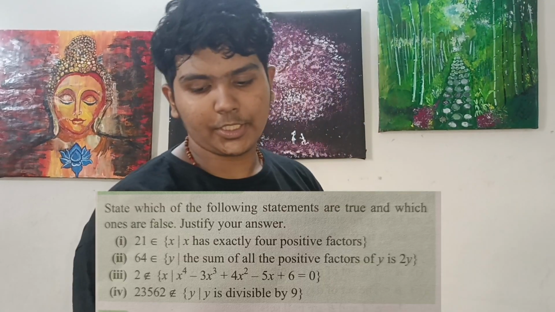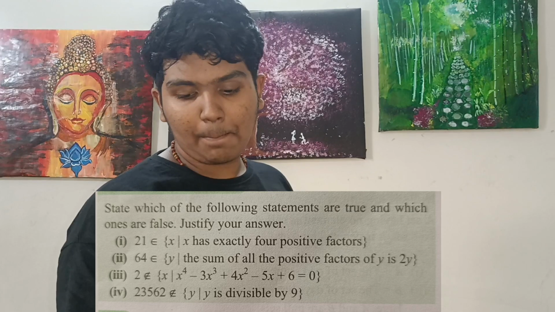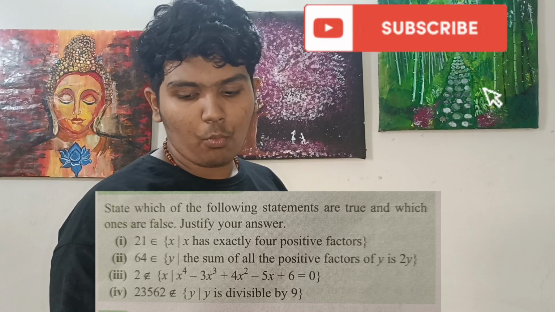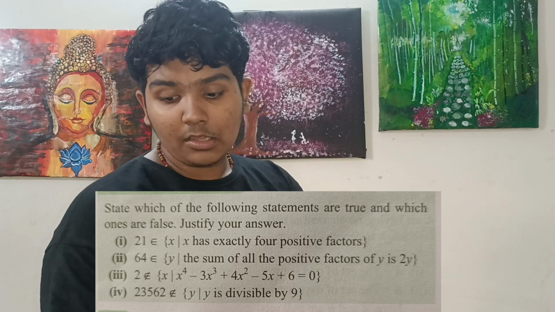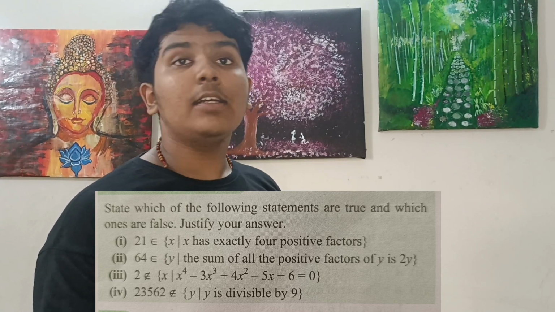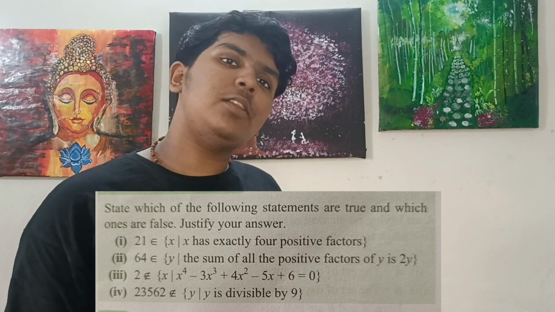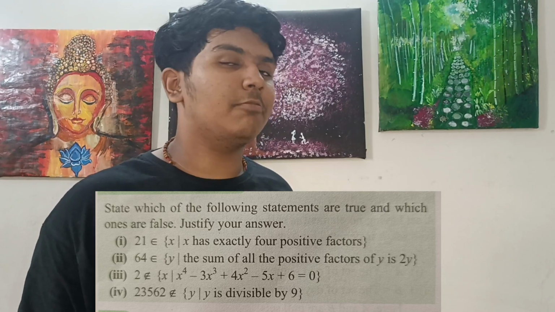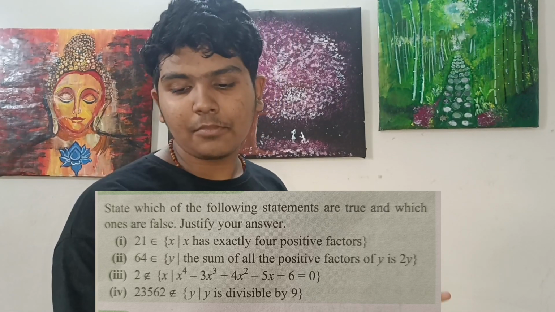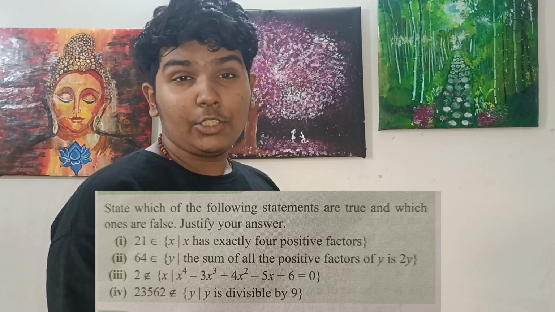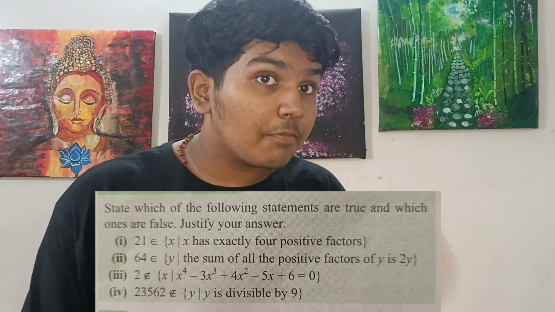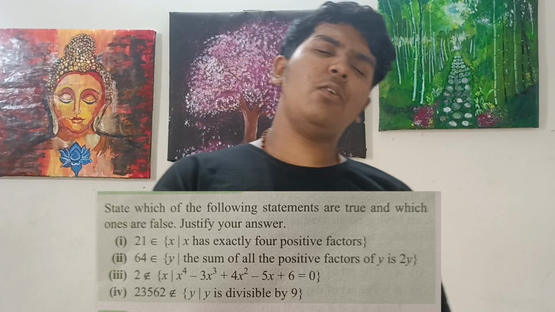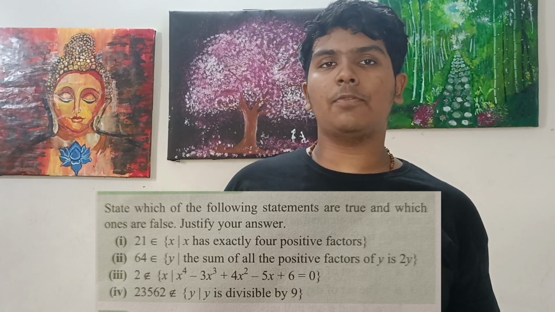So, the next question. 64 belongs to the set of y such that the sum of all the positive factors of y is 2y. Now read the question given here and think again. How do you solve it? I'll explain it. You have to find the sum of the factors. So the factors are what? Factors of 64. Now what's next after you find the sum of factors?